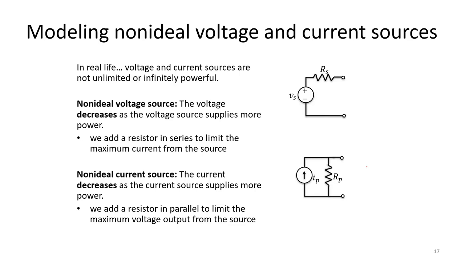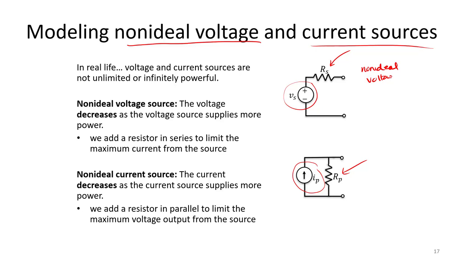So one thing we often do to model a non-ideal voltage and current source is we take the ideal source and we add a resistor. Notice that for the non-ideal voltage source, the voltage that we are able to provide across the source's terminals, let's call them A and B, will gradually decrease as we supply more power.